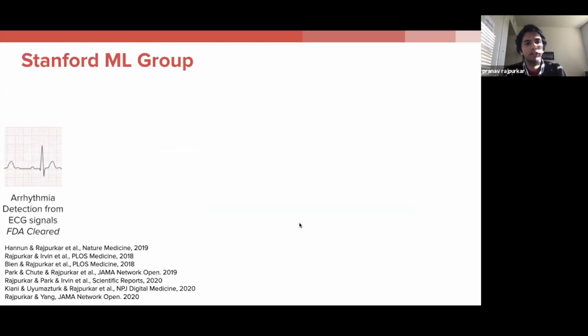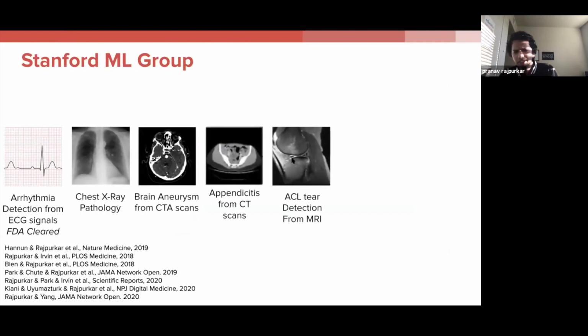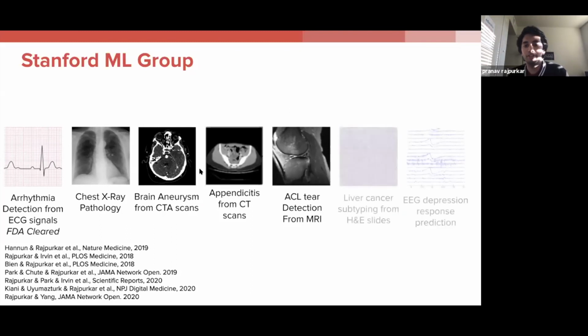This is some stuff that came out of the Stanford Machine Learning Group, where I've been a PhD student for the last 5 years. I've actually been in the lab for 8 years now, having started as an undergrad. There's been a ton of work that's come out of the lab in terms of looking at abnormal heart rhythms, looking at a variety of scans in radiology, and Shubhang also worked on one of these.